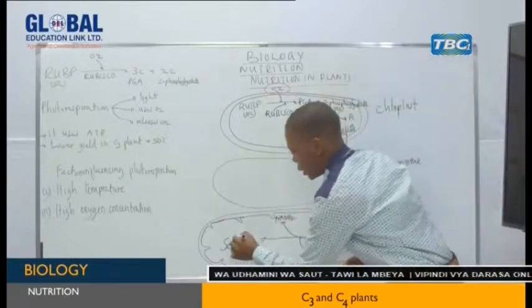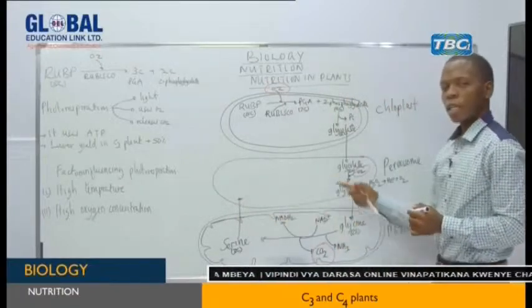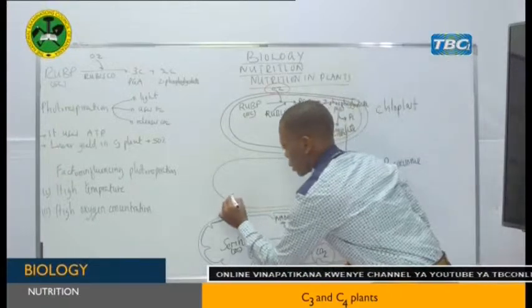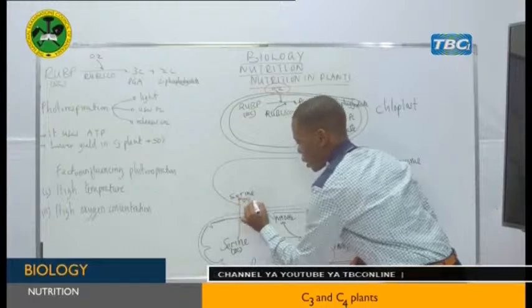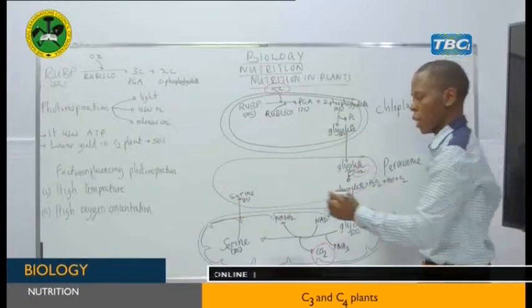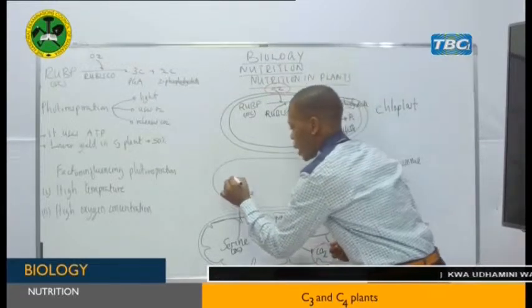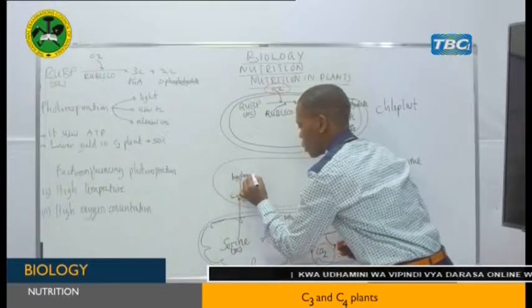Thereafter, this serine, after formation, is transported into the leaf peroxisomes. Serine, a 3-carbon compound. In the leaf peroxisomes, serine is converted into another compound known as hydroxypyruvate.